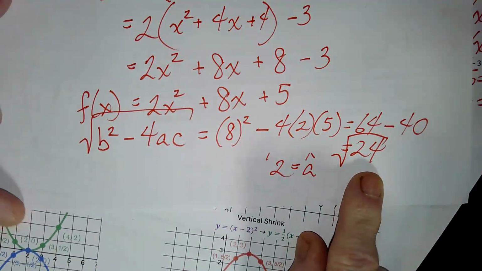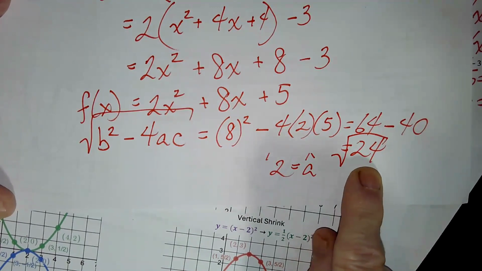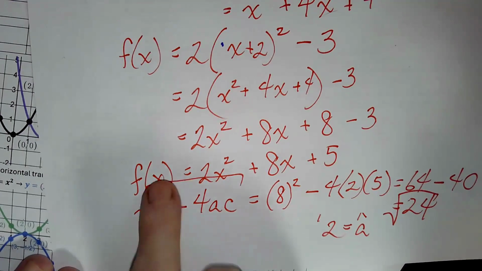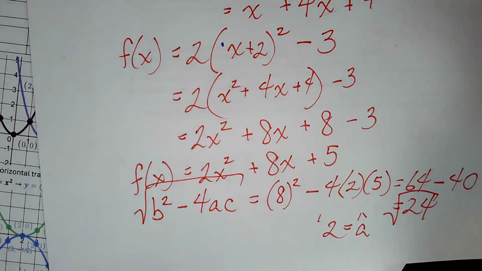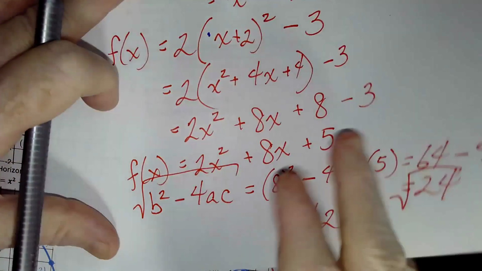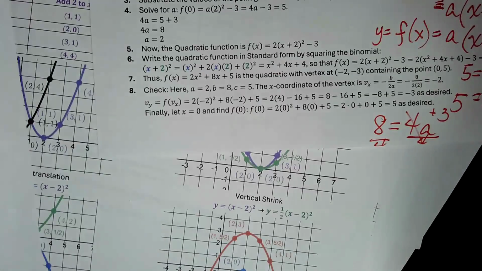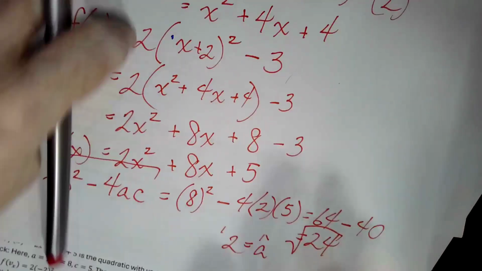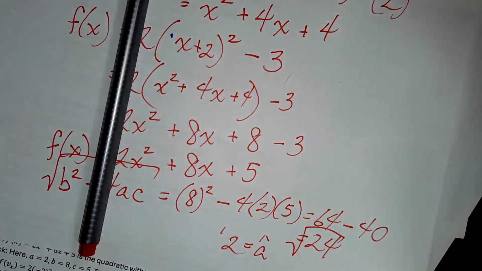The closest one would be 5 squared. 5 squared is 25. That means that the numbers that we would get if we tried to factor are not those.